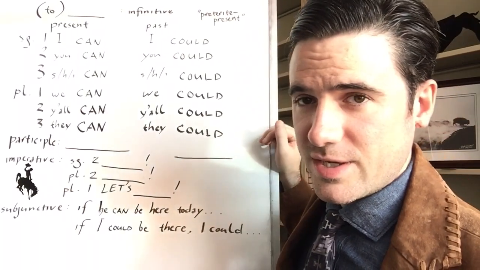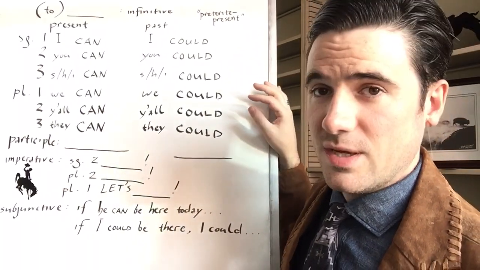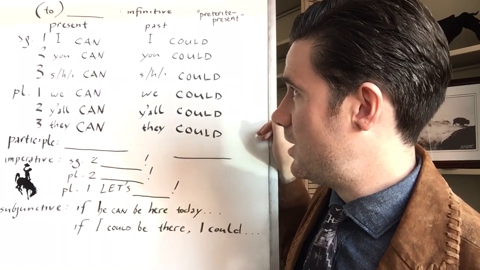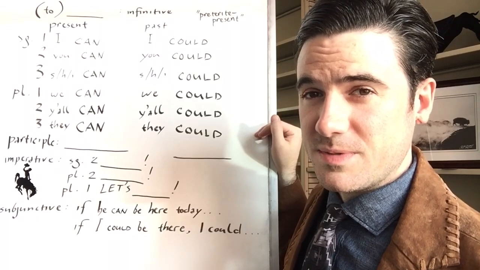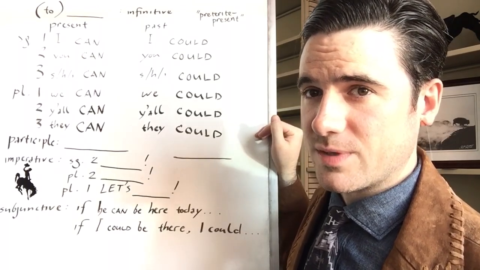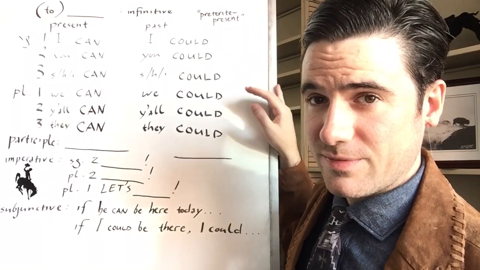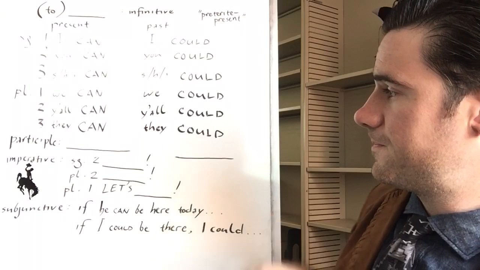Past tense, just like with regular weak and strong verbs, there's no difference between any of these forms, the same for everything. The way that past tense is formed in preterite present verbs tends to be like weak verbs, although it can often be a little bit different. There's no way you could really predict the past tense of can as could if you were learning English from scratch.